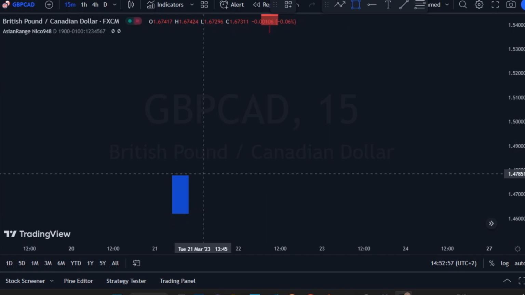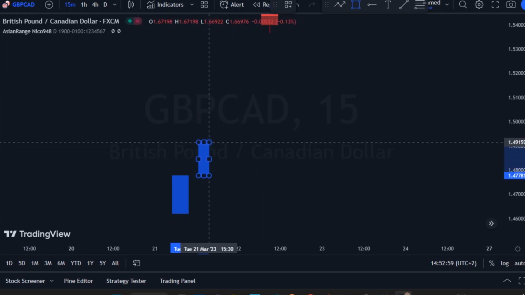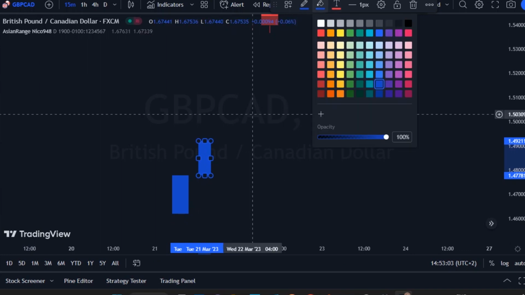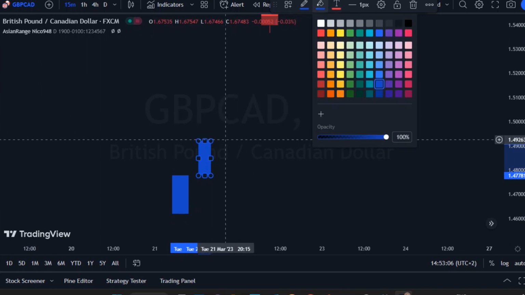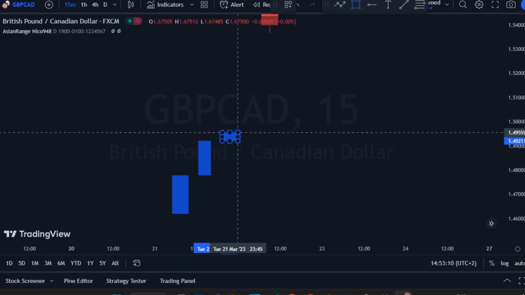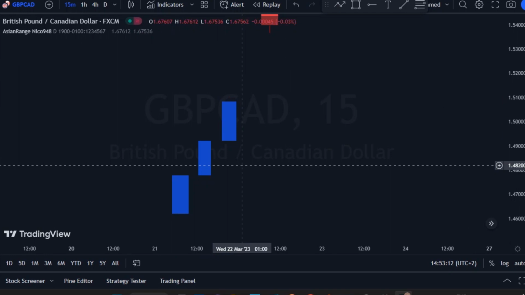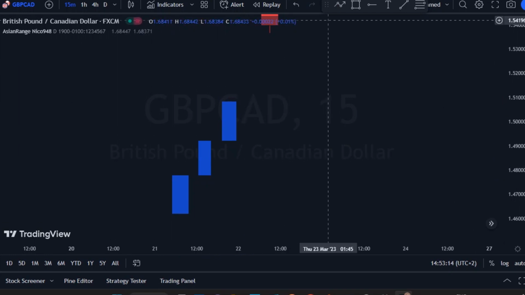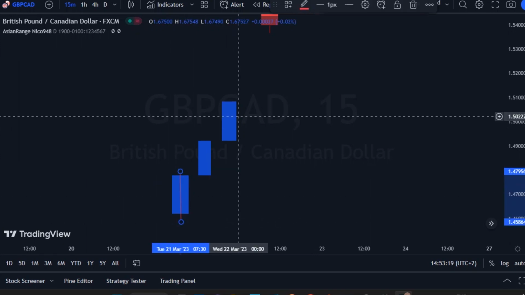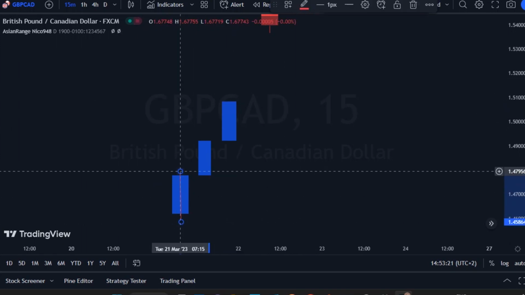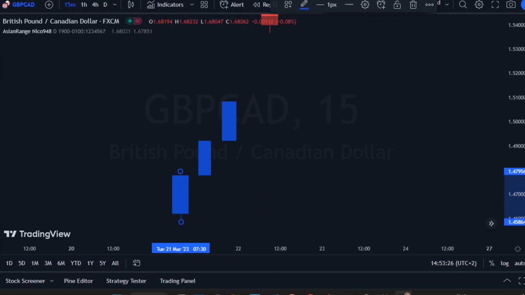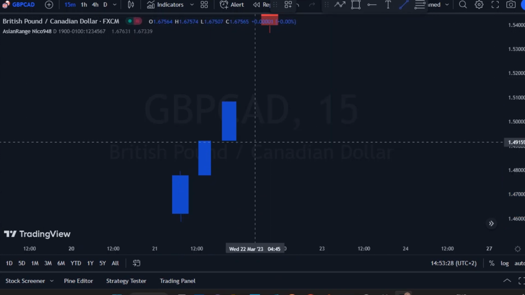And then we're gonna have the second candle, and then we're gonna have the third candle. And then we're gonna have the wicks of those candles.